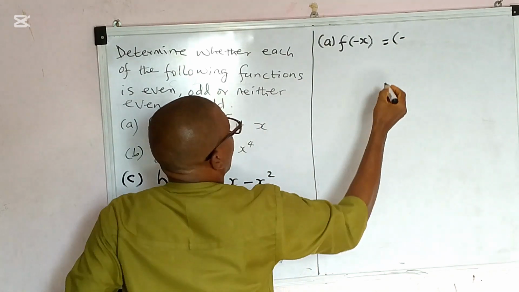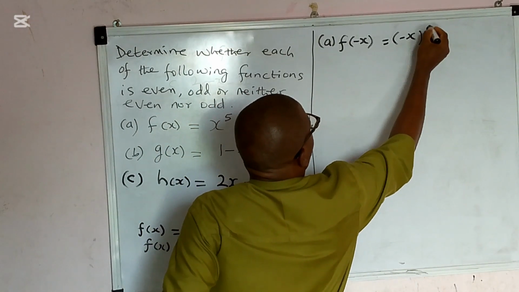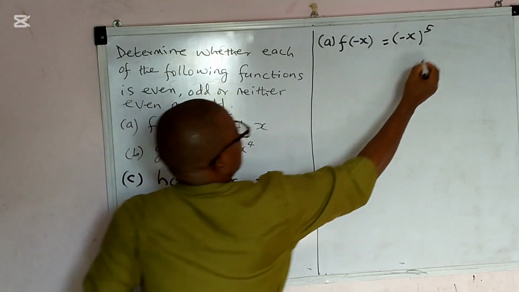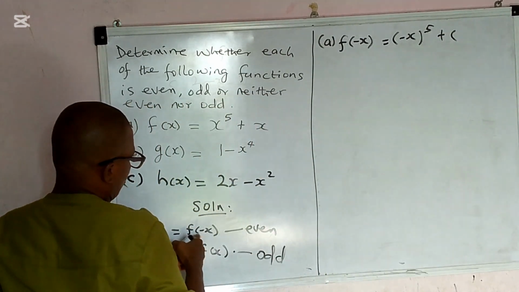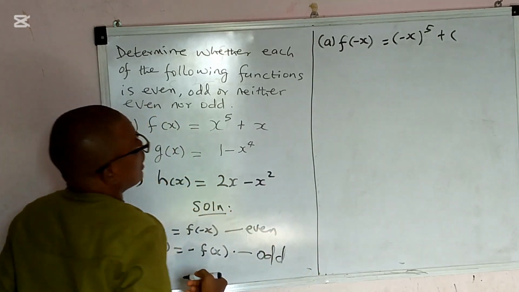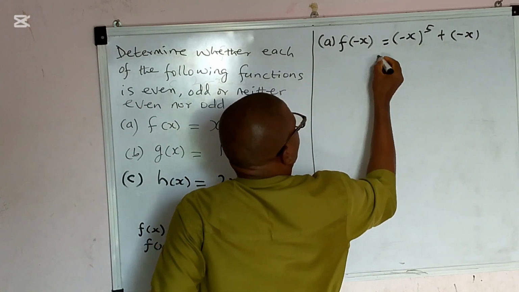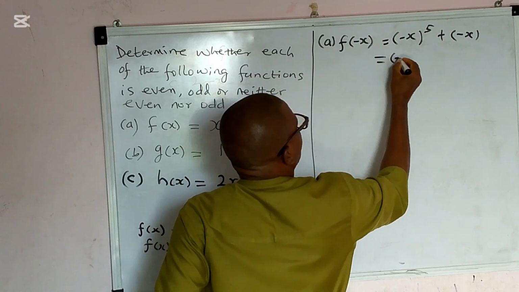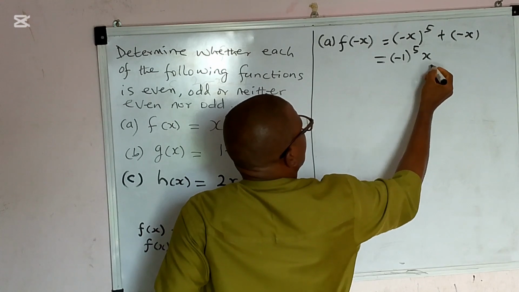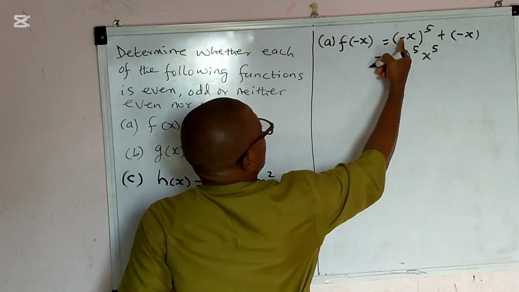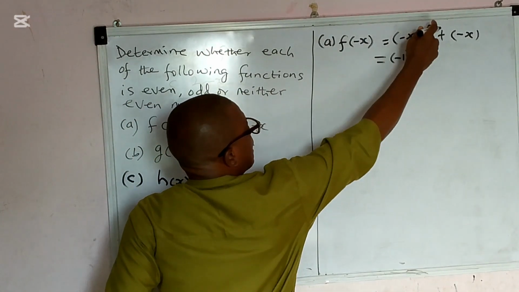minus x to power 5 plus minus x. Okay, so we are looking for f of minus x. So you have minus x, and of course you have minus 1 to power 5 times x to power 5, because minus 1 is the coefficient of x, but everything in this bracket is to power 5.